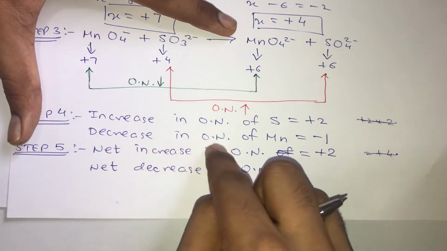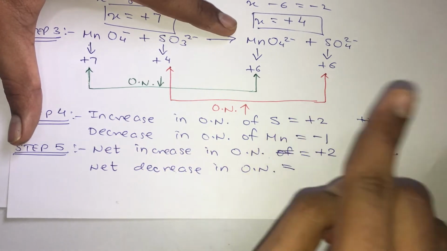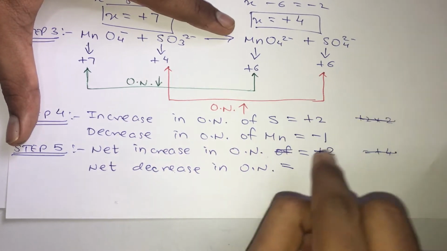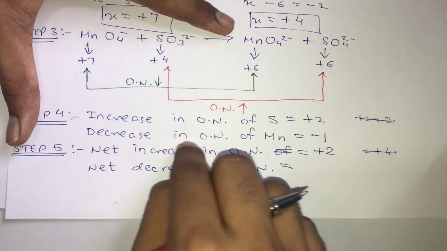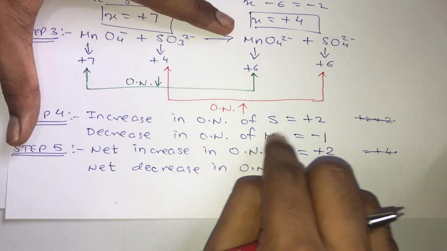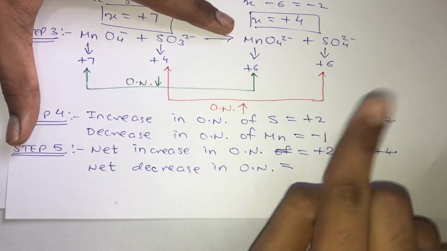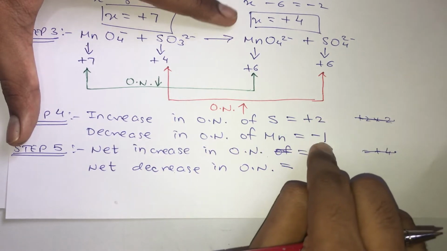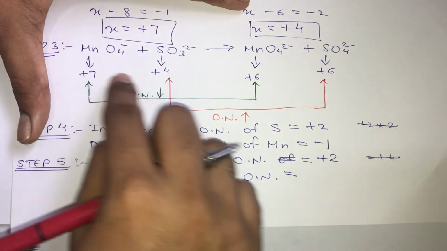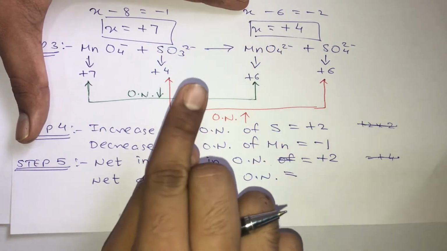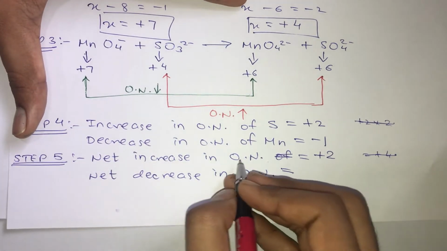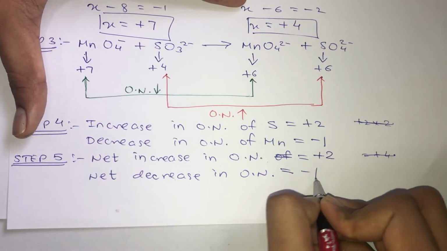The decrease in oxidation number for one manganese atom is minus 1. Am I right? The decrease in oxidation number of one manganese atom is minus 1. Now how many manganese atoms are there? There is only one manganese atom. Therefore, the net decrease will be also minus 1.